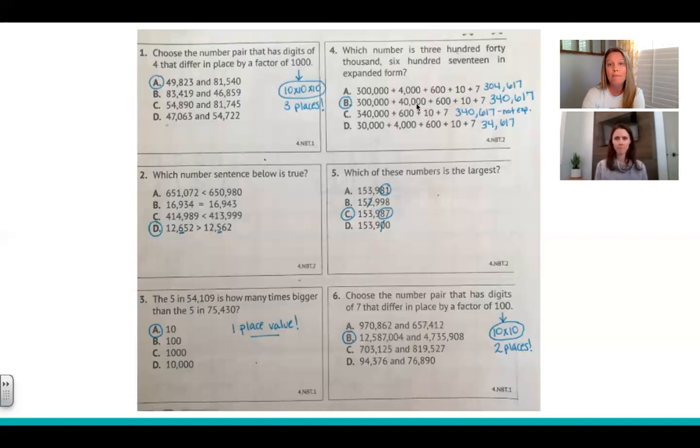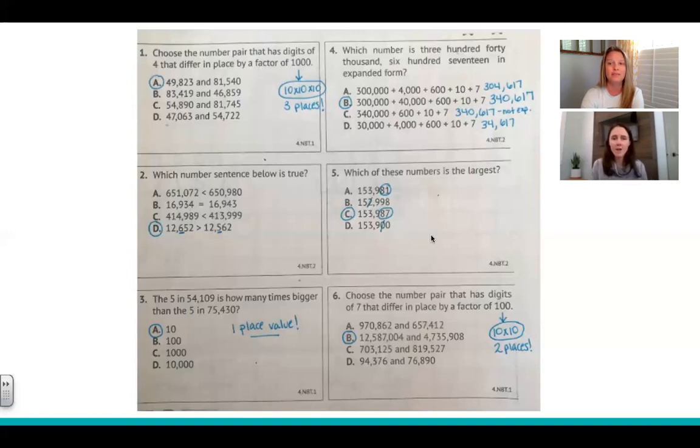But the reason why B is a better answer than C is because this 340,000 is not an expanded form. I need it to be broken down into 300,000 plus 40,000 plus 600 plus 10 plus 7. So yes, they both are the right standard form, but B is the only one that's in expanded form.